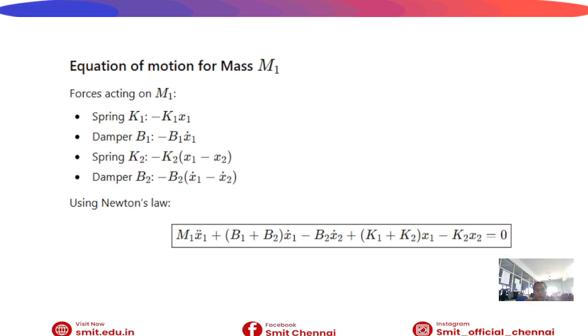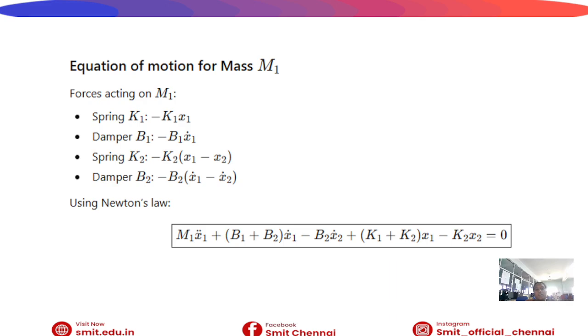This is the free body diagram of mass 1. Forces acting on mass 1: spring K1, damper B1, spring K2, damper B2. We know that the spring force is directly proportional to the displacement, so we write K1 X1. The dashpot force is directly proportional to the velocity, so B1 dx1 divided by dt. X1 means the displacement of mass 1, that is, the output of mass 1.